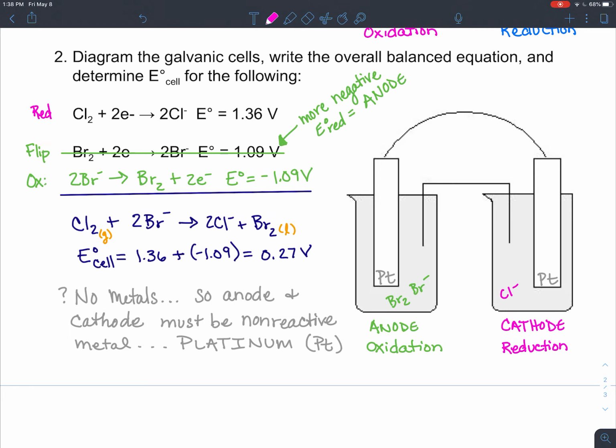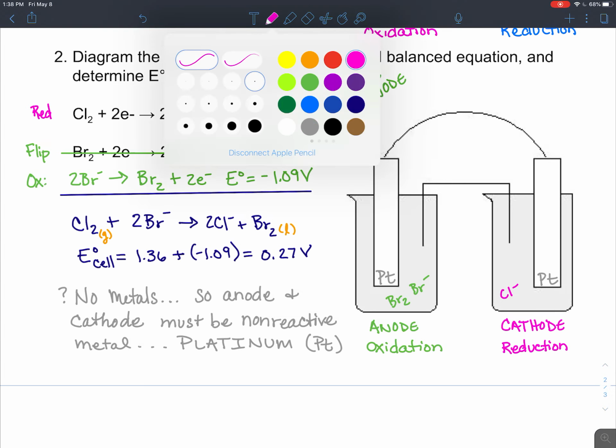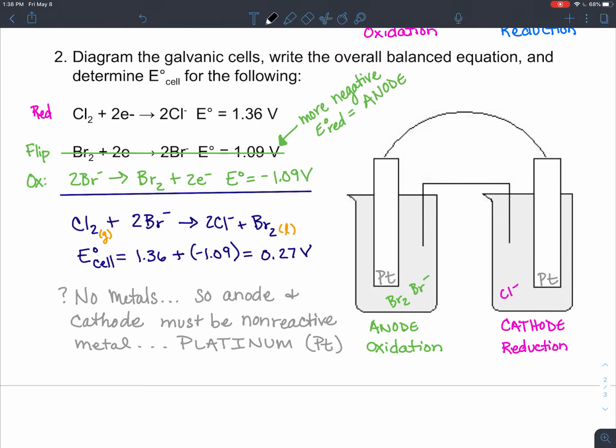Now, we know that the chlorine ions are going to be in solution. How do we get the gas in? And this is kind of an interesting situation. So with this gas, we actually have to bubble in some chlorine gas into the solution.